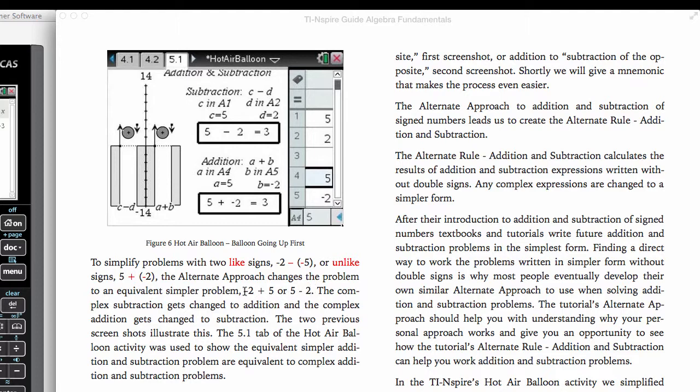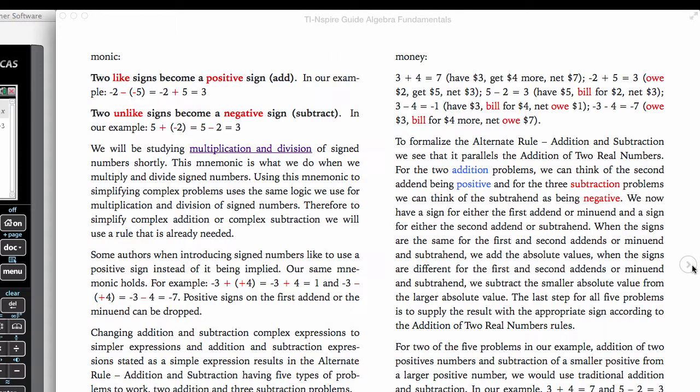So we can work this out as owe $2, $5 come in, so the result would be 3. Have $5, then owe $2, so again the result would be 3. So the mnemonic is two like signs become a positive sign, add, and two unlike signs become a negative sign, subtract.